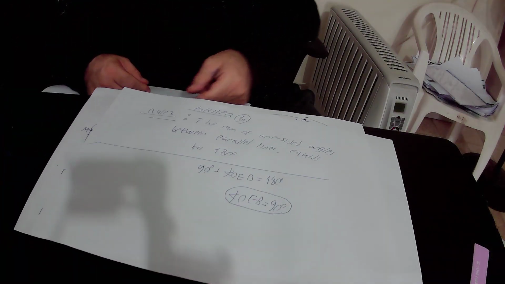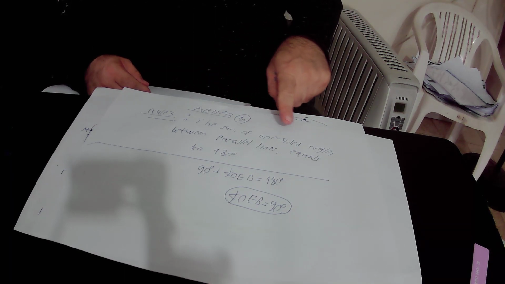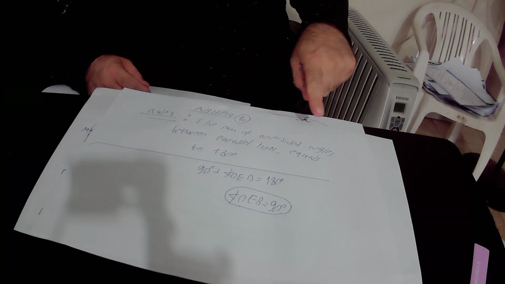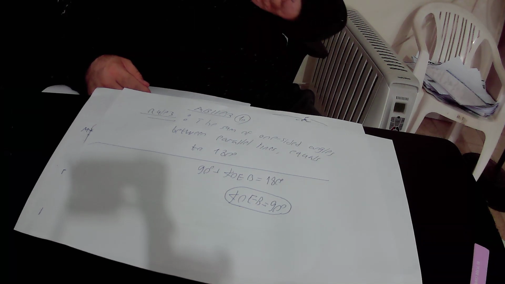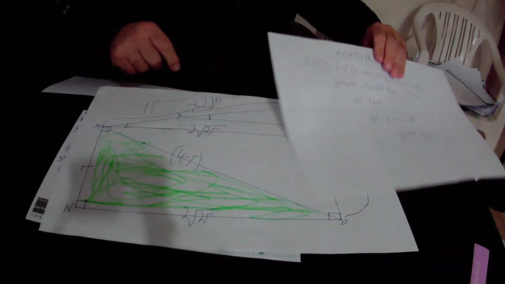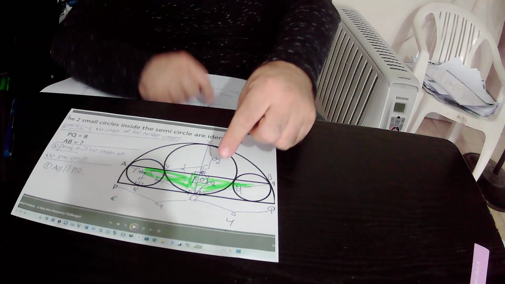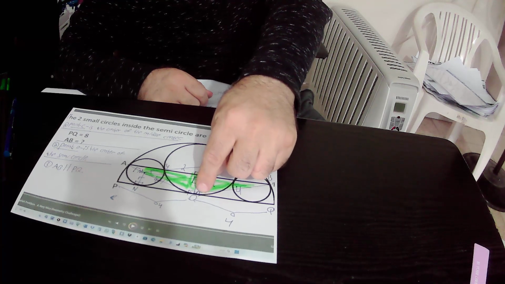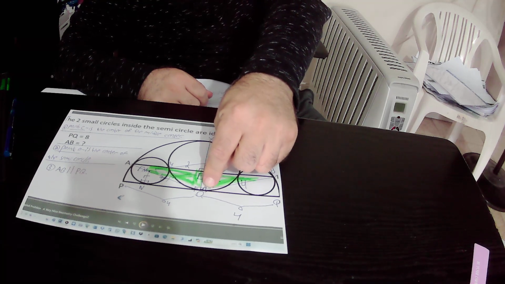We have rule number 3, that the sum of one-sided angles between parallel lines equals 180 degrees, and we know that AB is parallel to PQ. Those two angles are located between those two parallel lines AB and PQ, and therefore the sum of them is equal to 180 degrees.